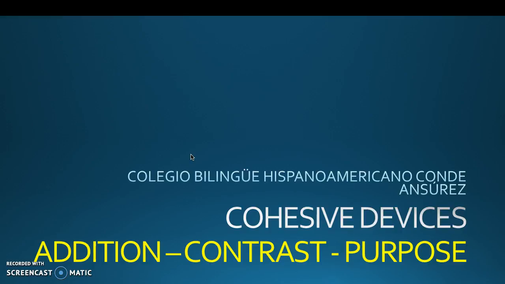And obviously, the point here is that the cohesive devices are basically vocabulary. Vocabulary to express better. When you write, you can write your pieces of writing, your tasks, your reports, etc. better. So it's a way to have more options when you write.